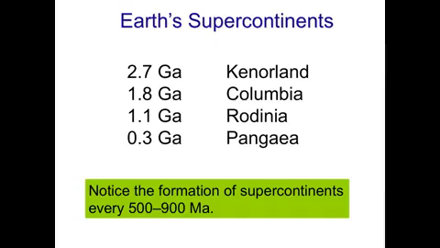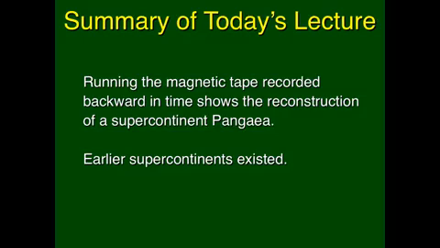And we're going to see more about this cycle in an upcoming lecture. So to summarize today's lecture, if we run this magnetic tape that was recorded backwards in time, we see the reconstruction of a supercontinent, Pangea. Geologic evidence also shows that there were probably supercontinents before that, and there seems to indicate then a cycle in the formation and breakup of these supercontinents.